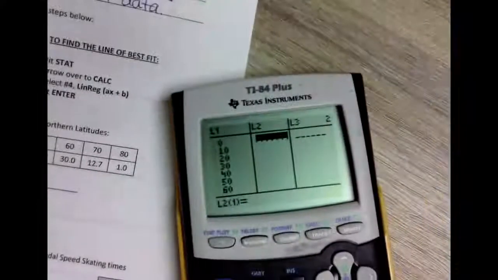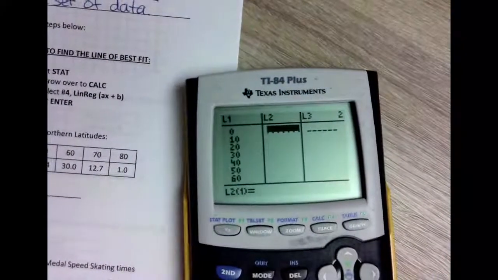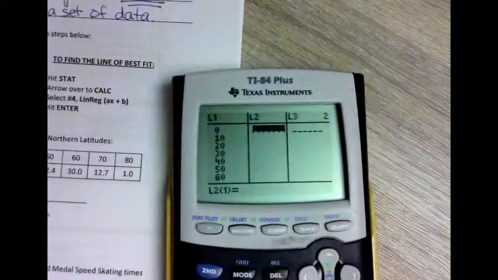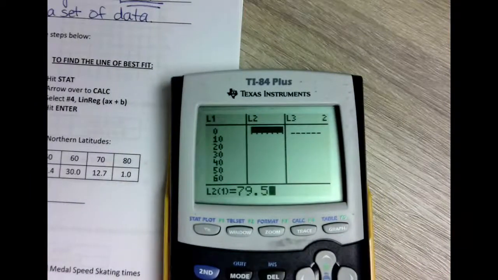These do not mess up. Do it very carefully according to what your paper says. I'm not going to say them out loud because then it'll screw you up. Okay, come here and I'll help you.